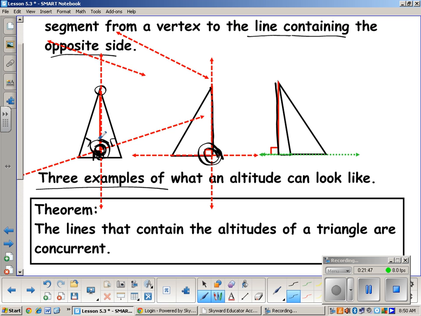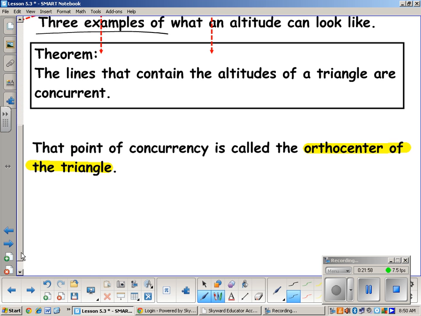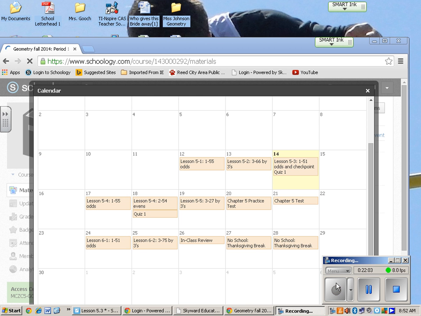All right. I warned you this was going to be long-winded. That's it for today. Let me look at the assignment again, and then I might change exactly what I want you to do. Okay? So on the calendar, you see there it says 1 to 51 odds and checkpoint quiz 1.